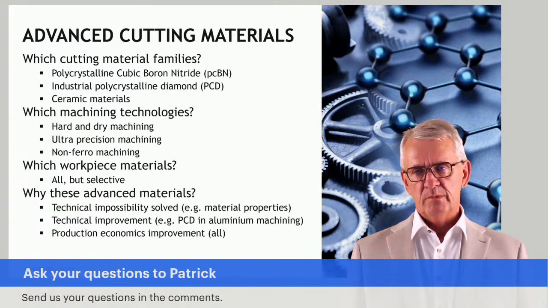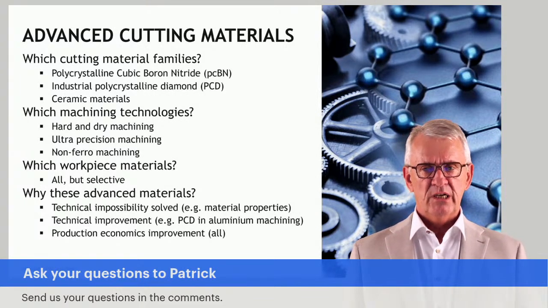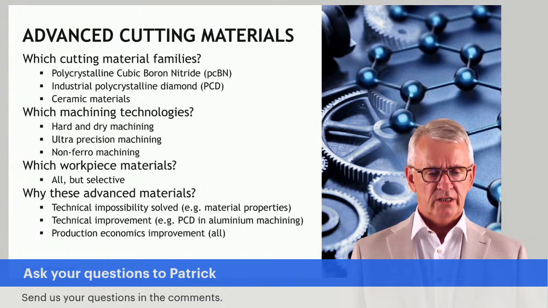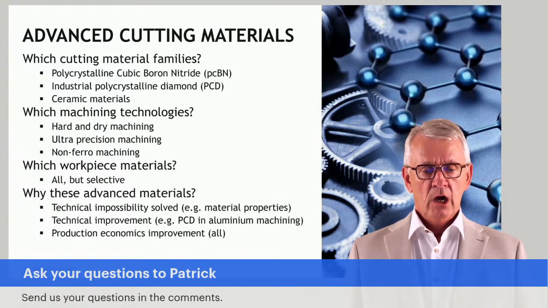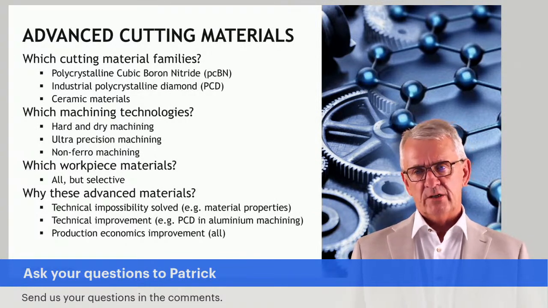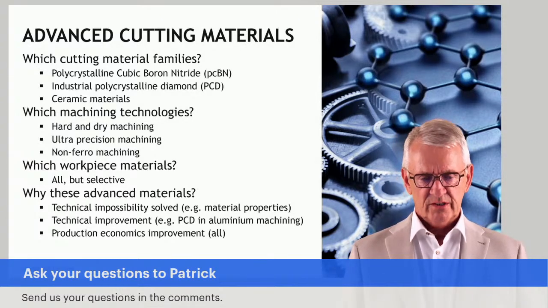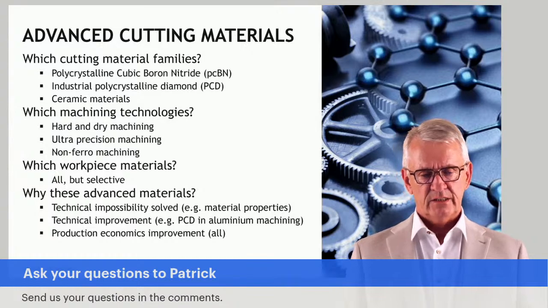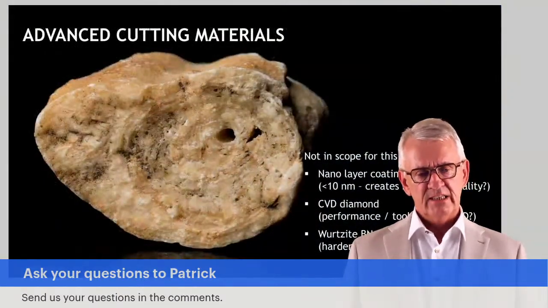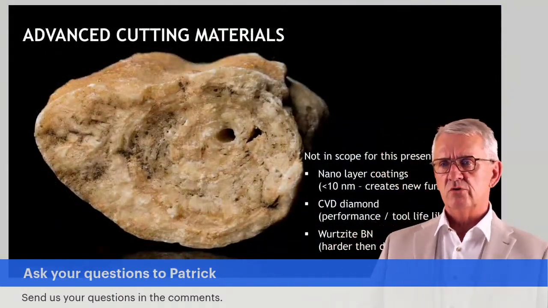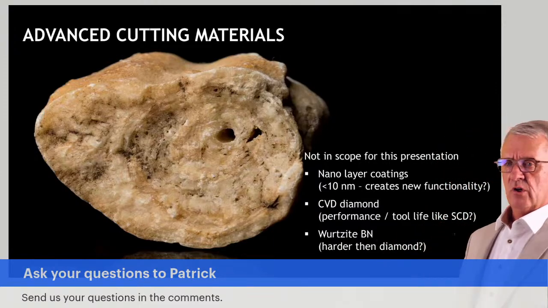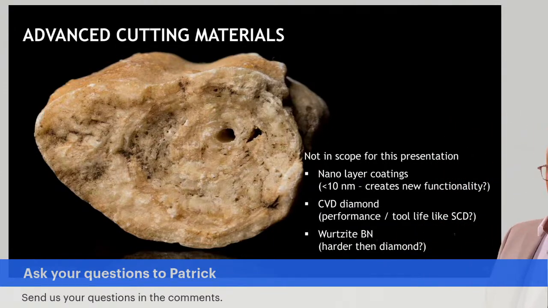For technical improvements, for instance, PCD in aluminium machining with extremely high cutting conditions for productivity, or to improve production economics, to be more reliable, cost efficient, productive, everything together. Now, during these presentations, we are not going to talk about cutting materials with nanolayer coatings, because that's quite a subject on its own.